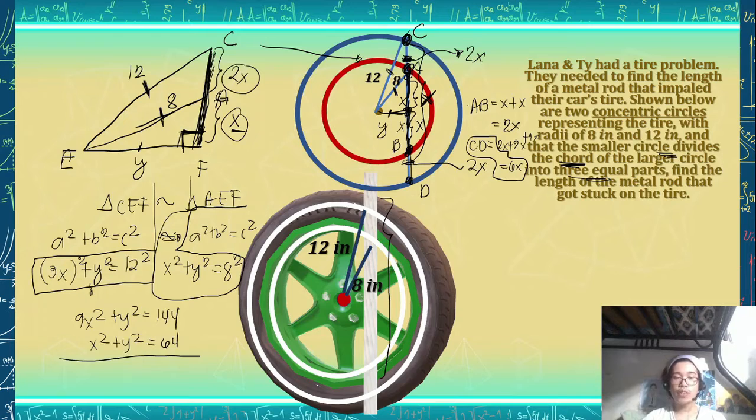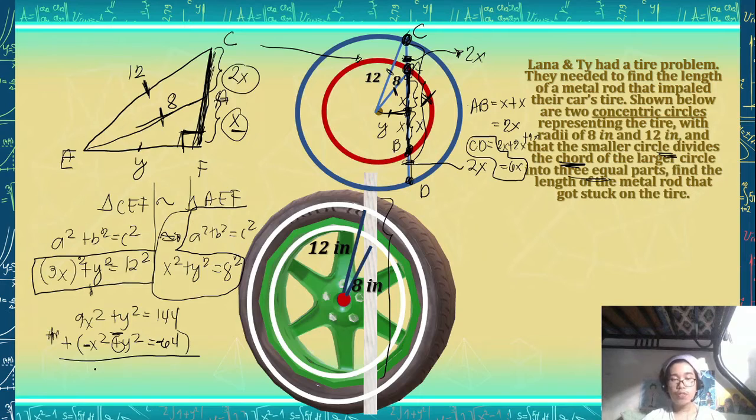Okay, we can solve for the value of x for this one by canceling out the y squared. So we can multiply the second equation by a negative sign. So this is going to be negative x squared minus y squared equals negative 64, and then we can add, after turning those numbers into negative.